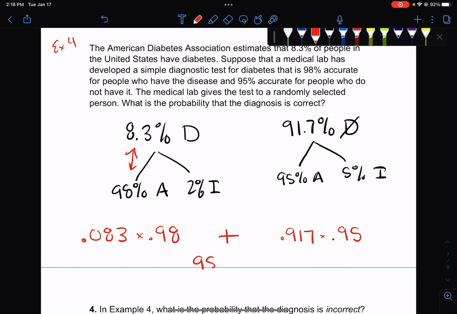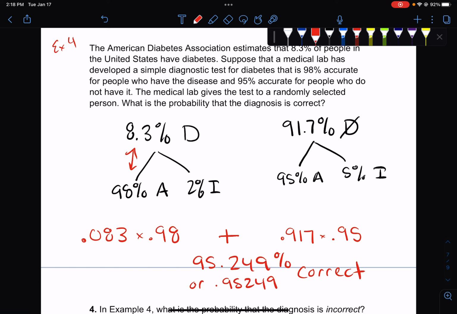So 95.249% or 0.95249 is correct. That's the percentage of tests that are correct, depending on if you have the disease or not. But out of everybody, a little bit more than 95% of the time, it's correct.